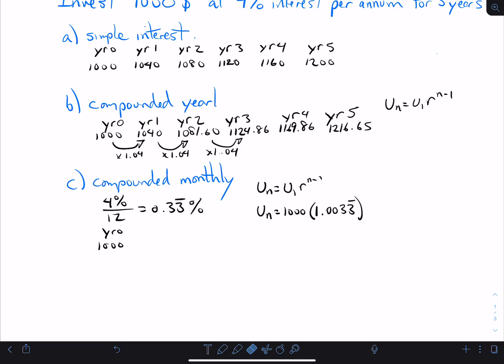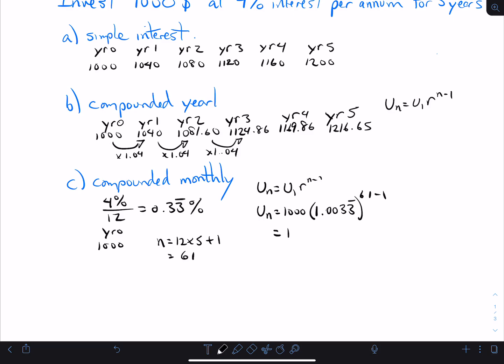Well, n's going to be 12 times 5, 60, plus 1, because you're starting from 0, remember that. So 61. So if I do that calculation, it's going to be 1,000 times 1.003 raised to the power of 61 minus 1. Right? Because that's in the formula.